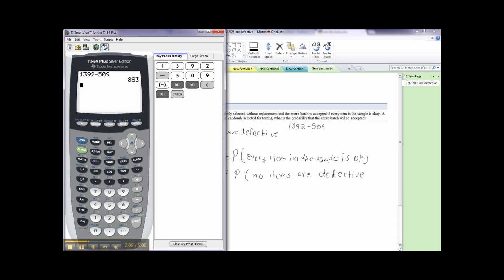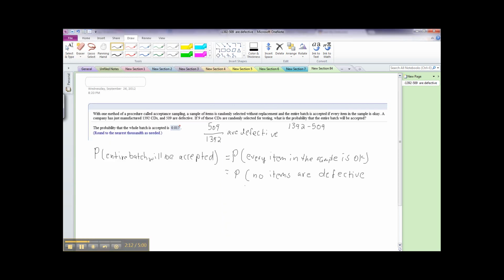That is 883. So we have that 883 are not defective.